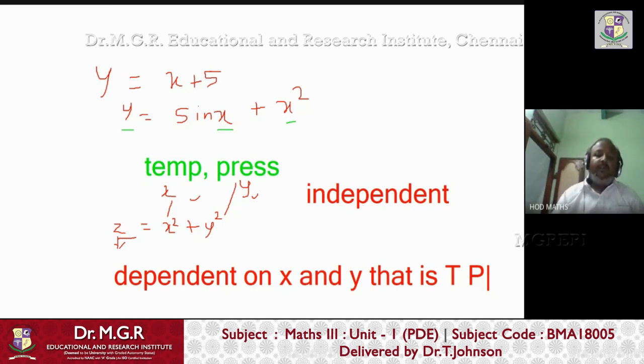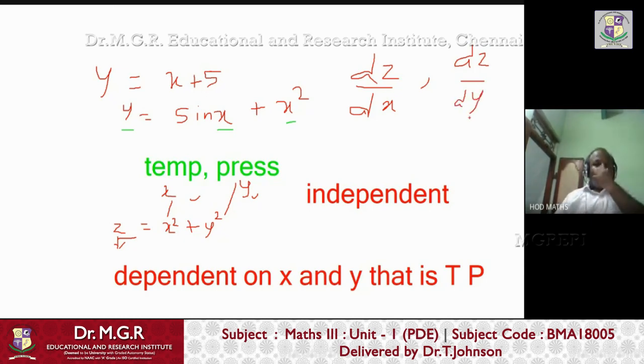So now if you want to find the derivative dz by dx, the rate of change, you have to differentiate that function with respect to x, that is, you find the rate of change of z with respect to x. At the same time you can find the rate of change of z with respect to y also, right?